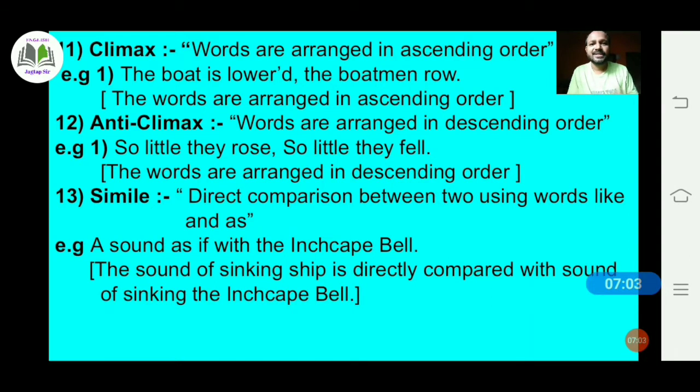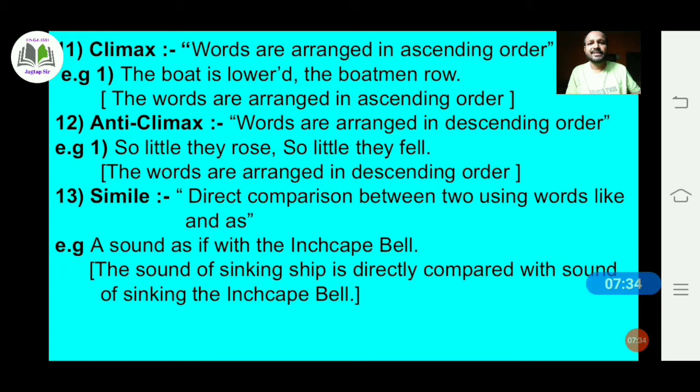Now my dear students, let's talk about figure of speech number 11, that is climax. And what is climax? Where words are arranged in ascending order, from bottom to top. Example, the boat is lowered, the boatman rows. The words are arranged in ascending order. So this is an example of climax.